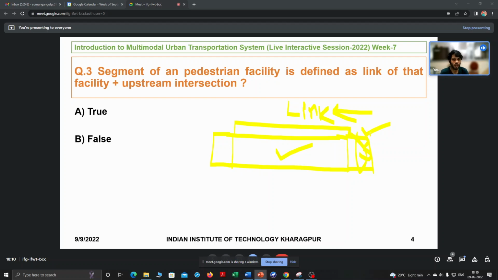That's why I have designed this question like this. So actually you need to add this link plus this intersection, not the upstream. It is the downstream intersection of that particular facility. It is not an upstream intersection, right? So you just need to keep that in mind. I think I got both answers, true, but it is not true. It is actually false, right?